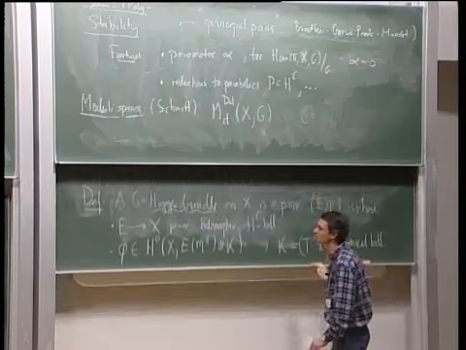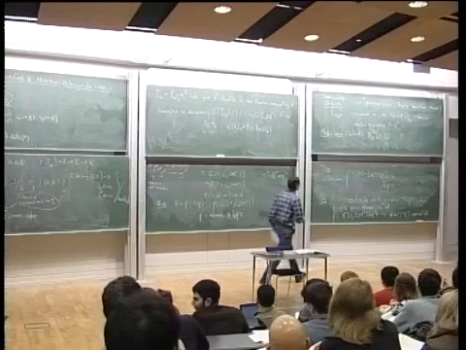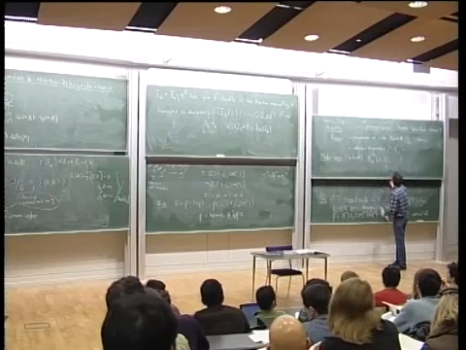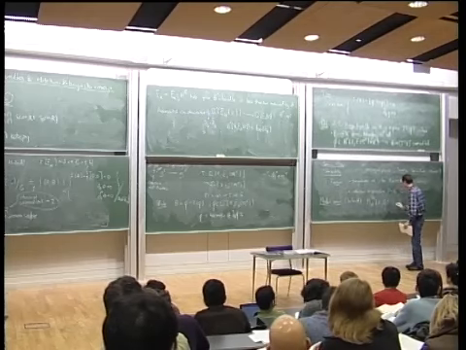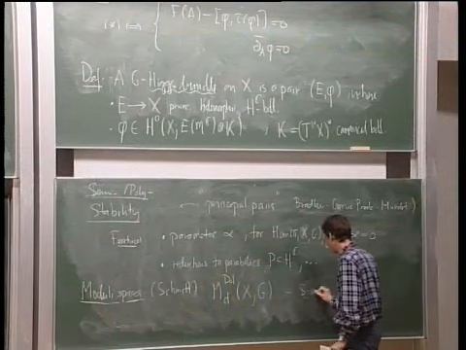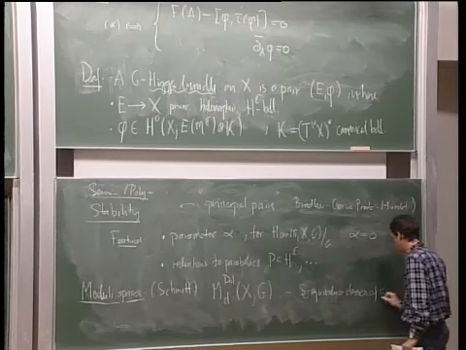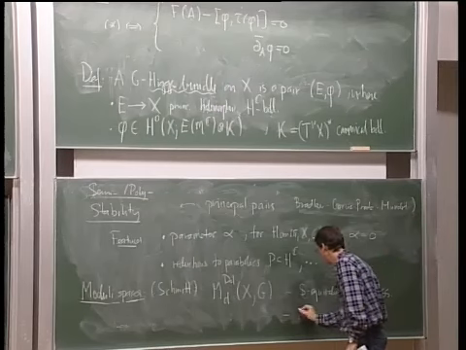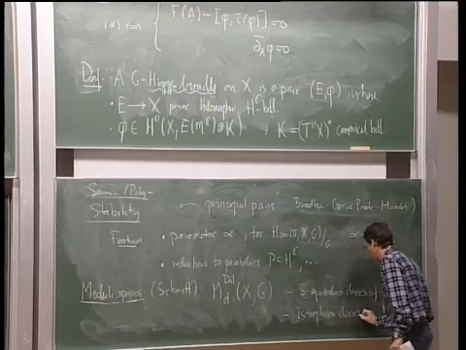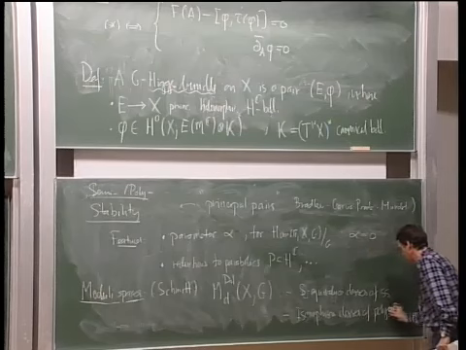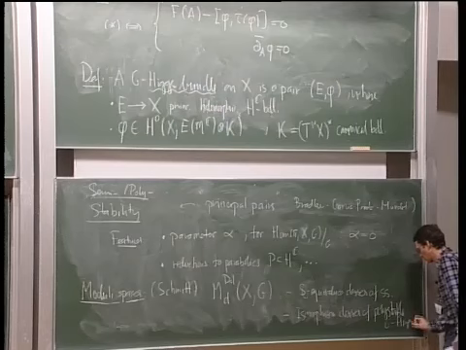Let me just say that this moduli space, as usual, parameterizes S-equivalence classes of semistable G-Higgs bundles, or we can interpret that as isomorphism classes of polystable ones.